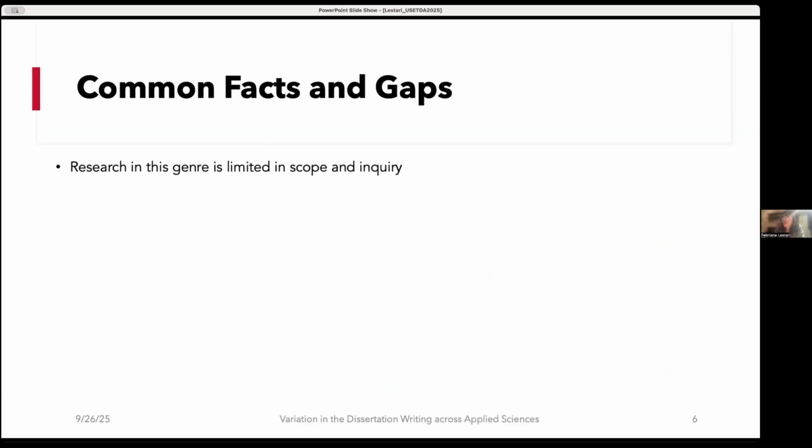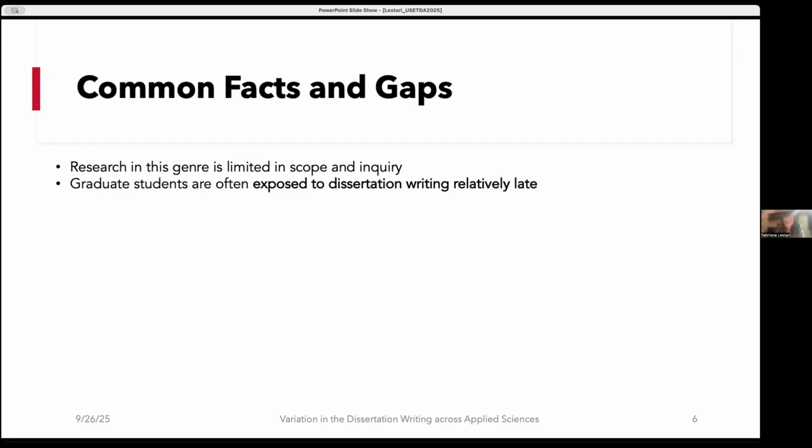From that research, in terms of the literature, I found that this research genre is still very limited in scope and inquiry, and graduate students are often exposed to dissertation writing relatively late. Yesterday in Christine Terrell's and also Lily Compton's presentation, they mentioned that there are no specific courses and students are put in the corn maze.